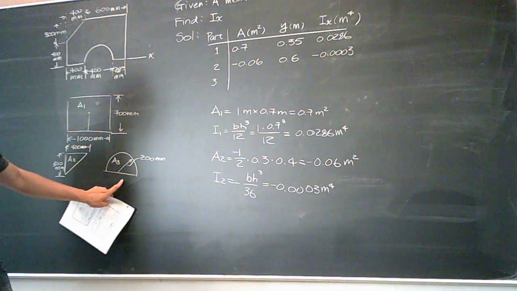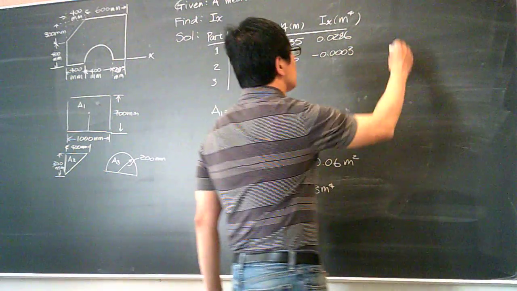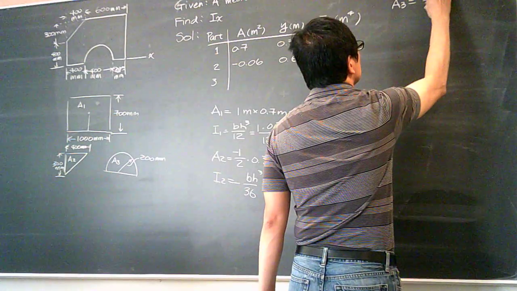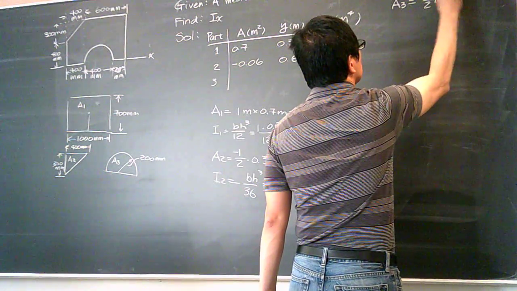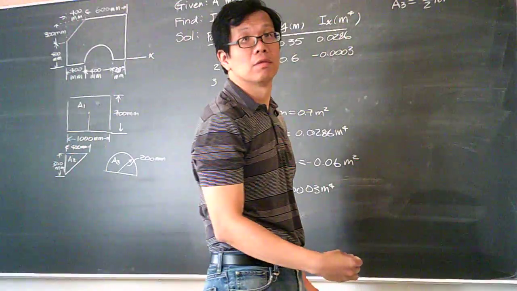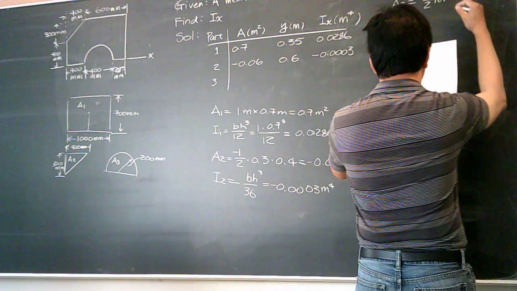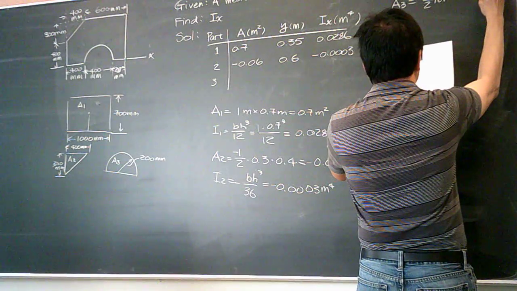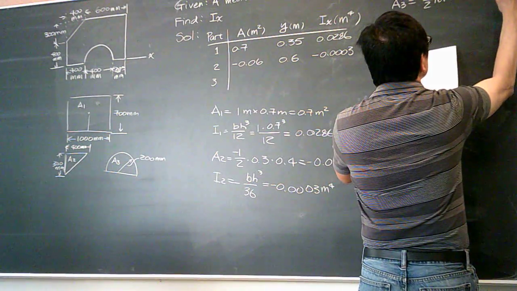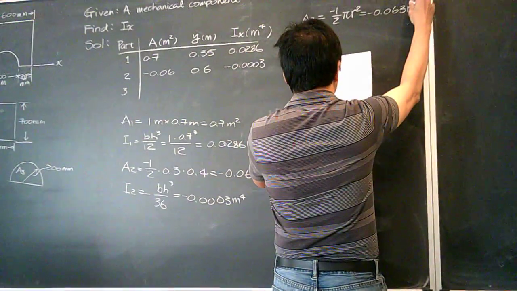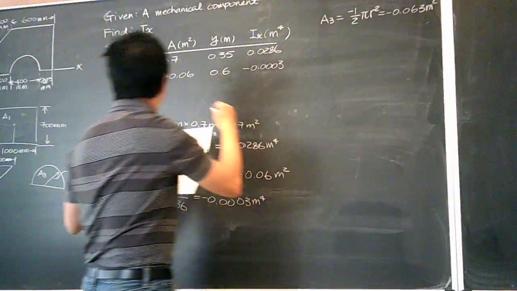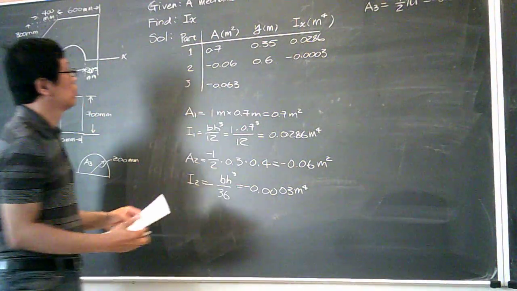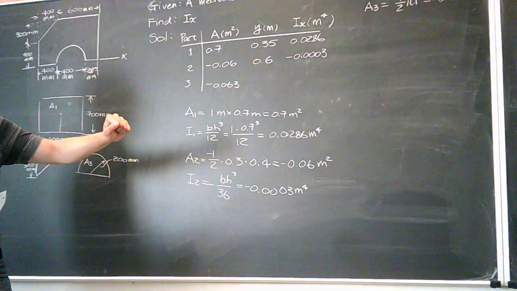For the area of the semicircle, it's going to be 1/2 pi r squared, negative, because it's a cutout part as well. So if you do that, it's going to be something over here.